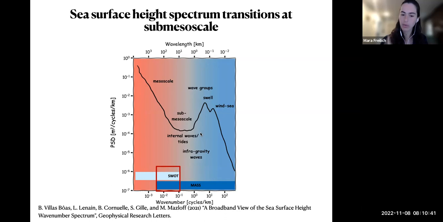And so using these observations, we can now ask what sorts of transitions we might see in a power spectrum, not of sea surface height, but instead of kinetic energy, if we're able to get direct observations of ocean currents rather than using altimeters.